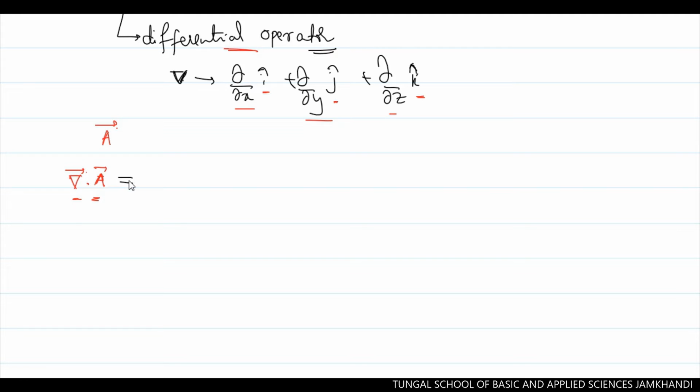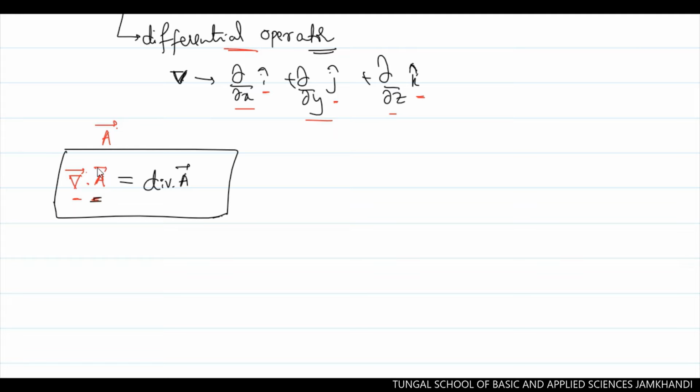That means this divergence of a vector is nothing but a dot product of a differential operator vector and a vector.